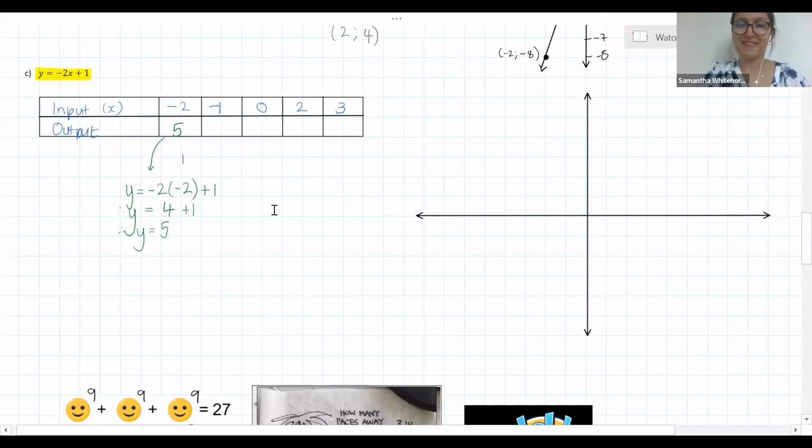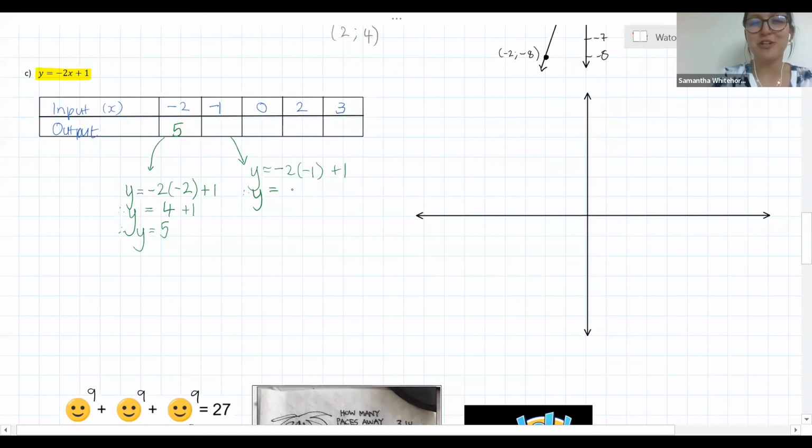Yes, ma'am. The second one is negative 1. Okay, so let's have a look here. If we substitute in, y is equal to negative 2 times a negative 1 plus 1. Lufuno, what is a negative 2 times a negative 1? What are two negatives times together? Oh, ma'am, I got it wrong because I didn't see the negative then.